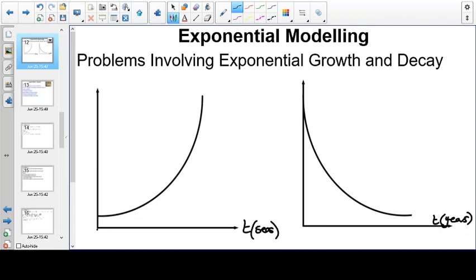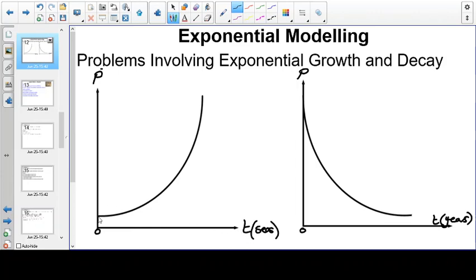Because it's time, it's never going to go below 0. The vertical axis is whatever it's talking about, so it might be the population of something, the number of something, or cost. So you'll have one variable representing the scenario, and then you've got time.